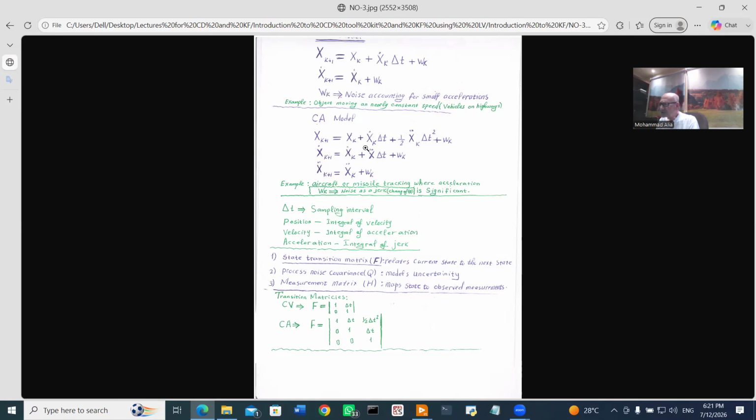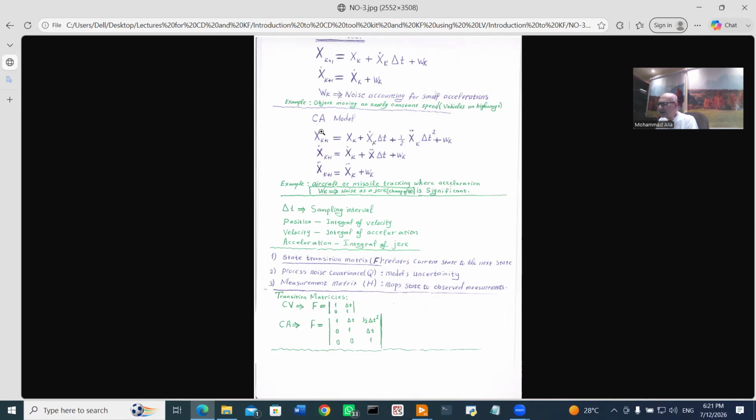It is equal to xk plus x dot k multiplied by delta t, but we have added also another component, half of the x double dot k delta t squared. x double dot k here, the two dots mean acceleration.